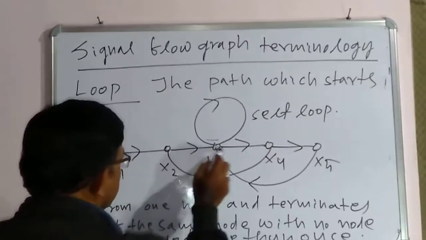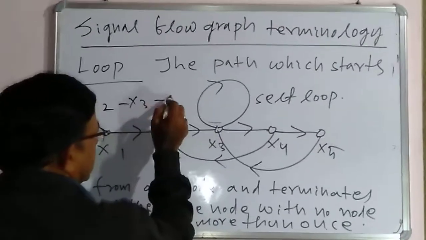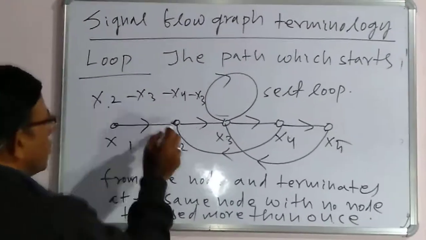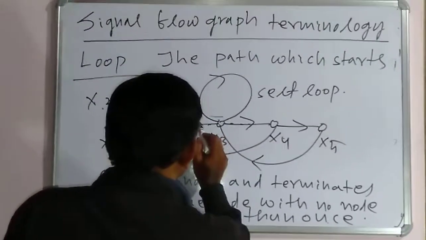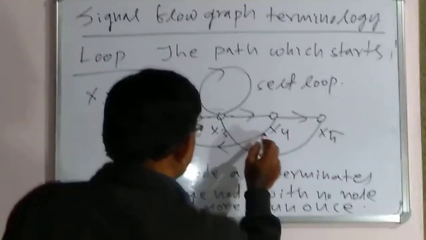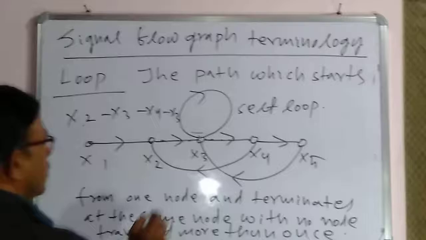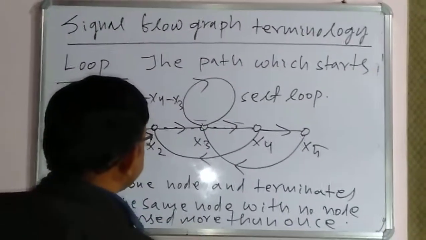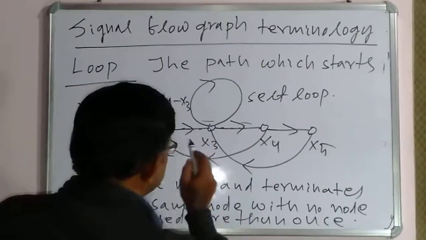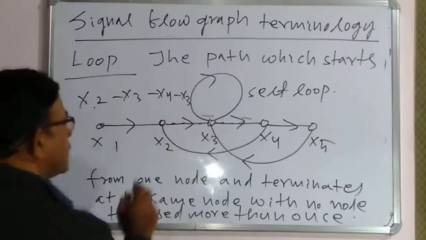If we consider some other loops, like x2, x3, x4 and x3: we start from the x2 node and move in the same arrow direction. We cannot move opposite to the arrow direction. Again coming in the arrow direction, we reach x2. So this is another loop. This is not called a self loop because it is formed by three branches and also by three nodes.